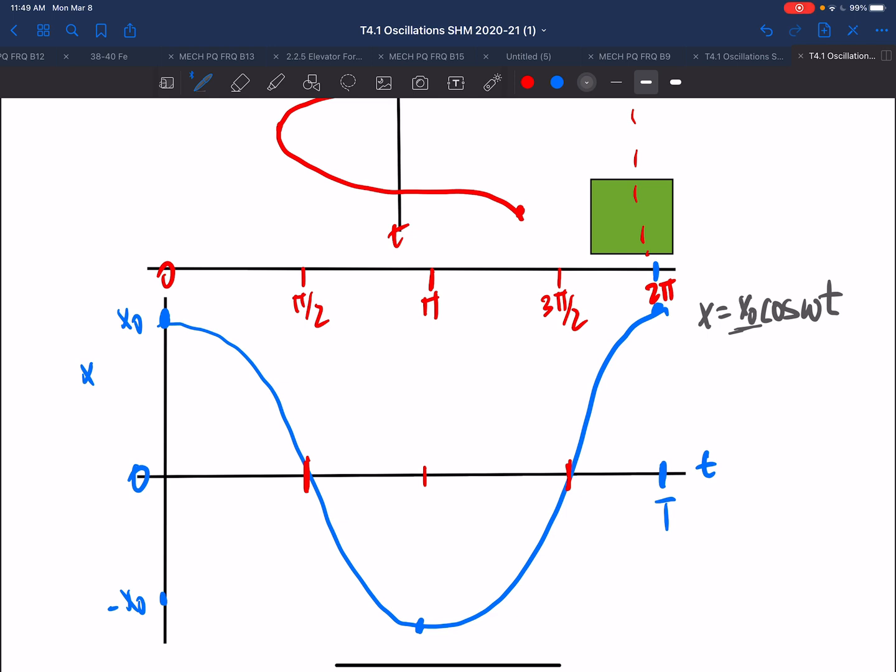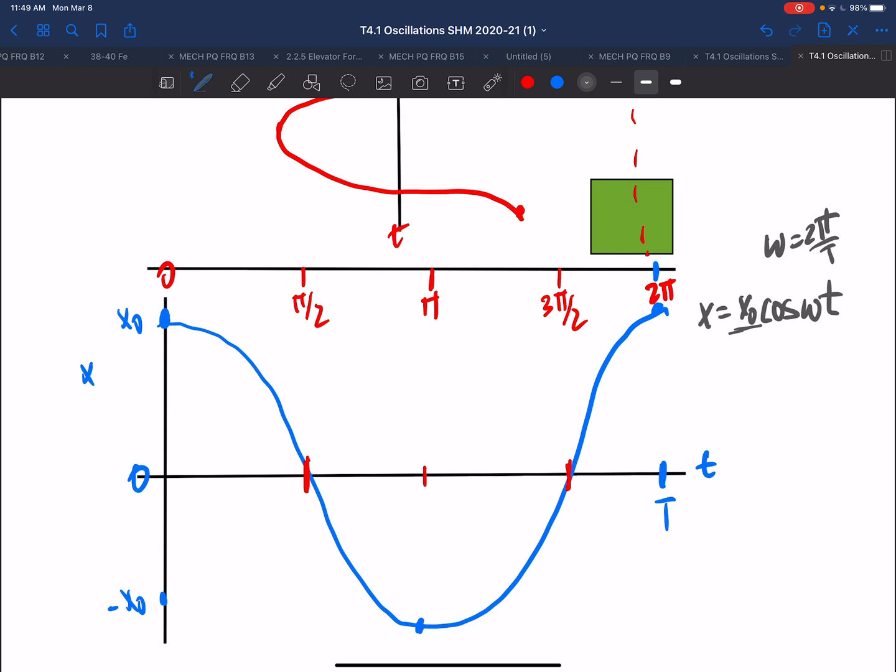So we now have a description of exactly what the position is over time. And we know omega is 2 pi over T. So that is our model of the position versus time.